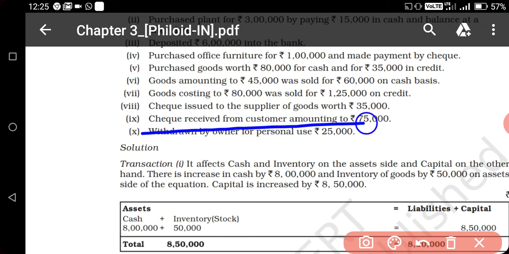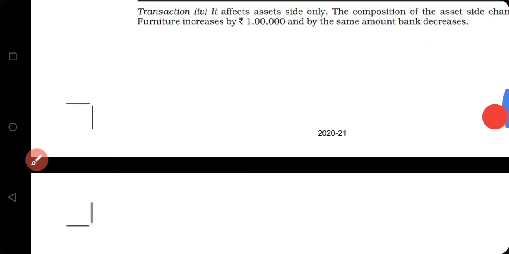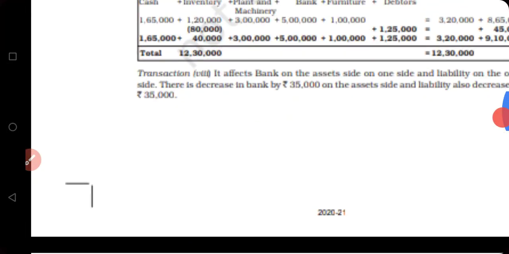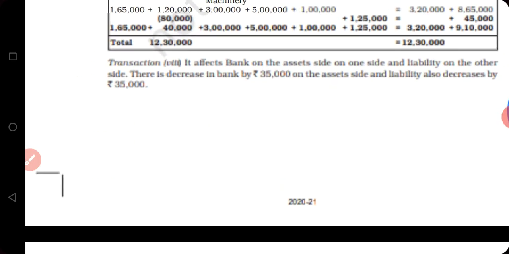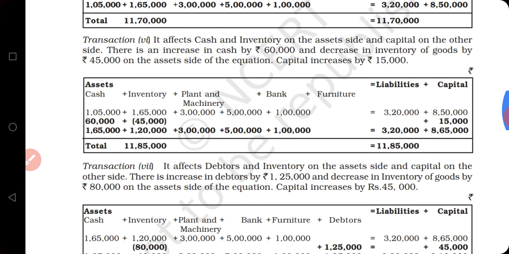is check received from customer amounting to rupees 75,000. Now we are receiving the check from the customer. Earlier we sold the goods on credit, so our debtor was raised at that time.